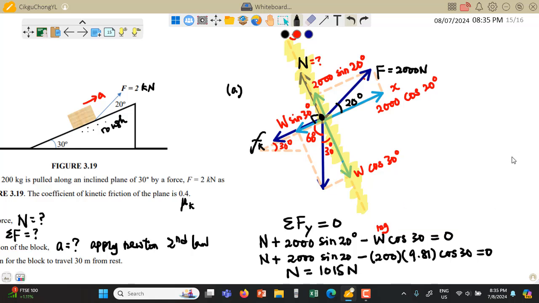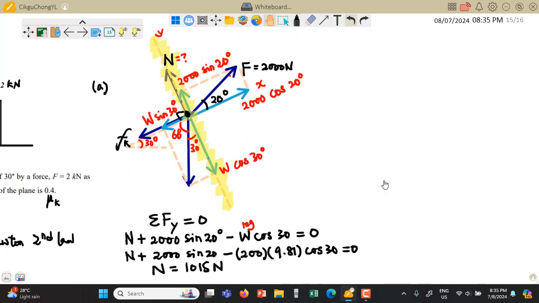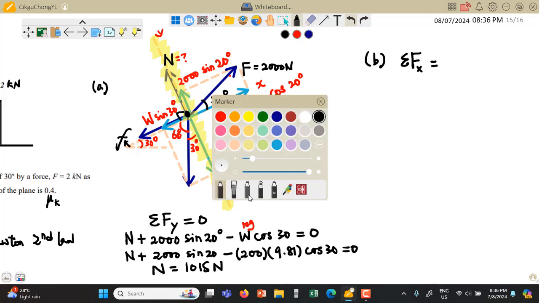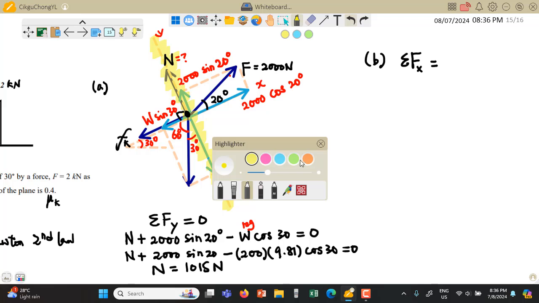Then for the second question, we want to determine the net force. The net force is directed along the x-axis. So the summation of forces along the x-axis equals, what forces are acting along the x-axis?